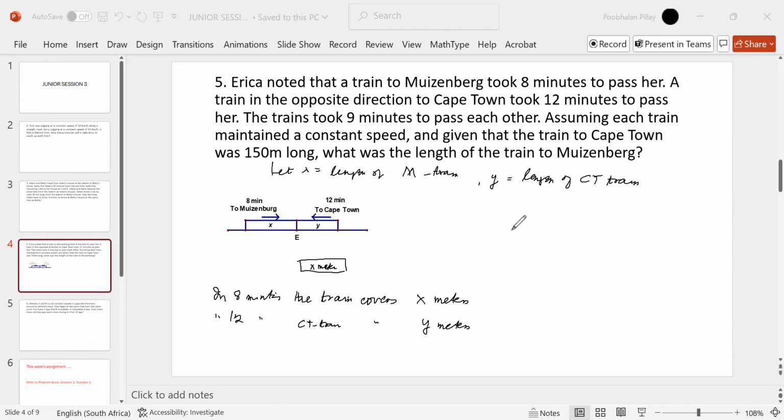So what does all this mean? It means that the speed, let's call it S, and we'll put an M here, this is the speed of the Muizenberg train, is distance over time. So it's X meters over 8, meters per minute.